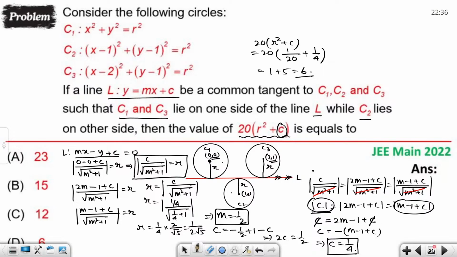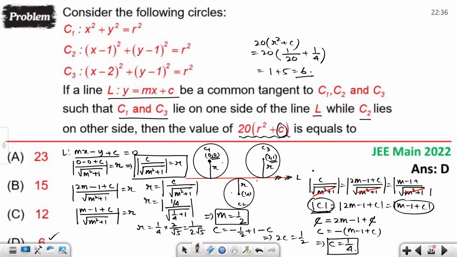So in this question, they have used the property that when the two centers are lying on the same side of the tangent, the sign will be the same. So your answer is D, that is 6.